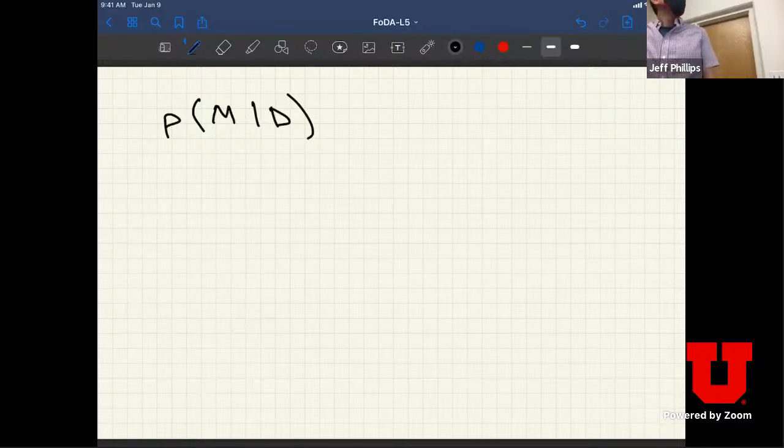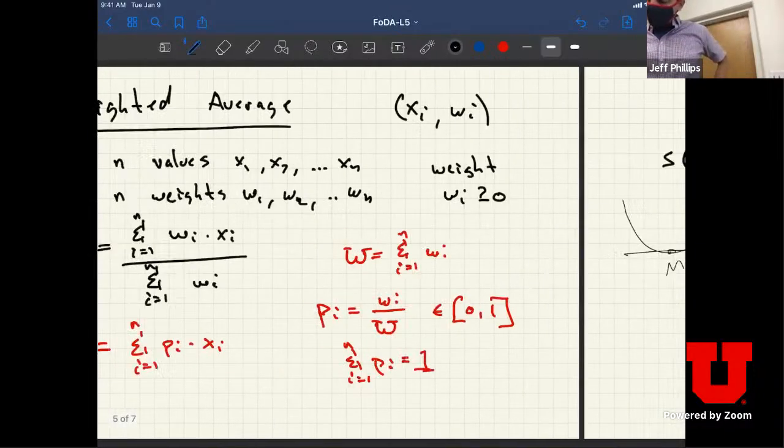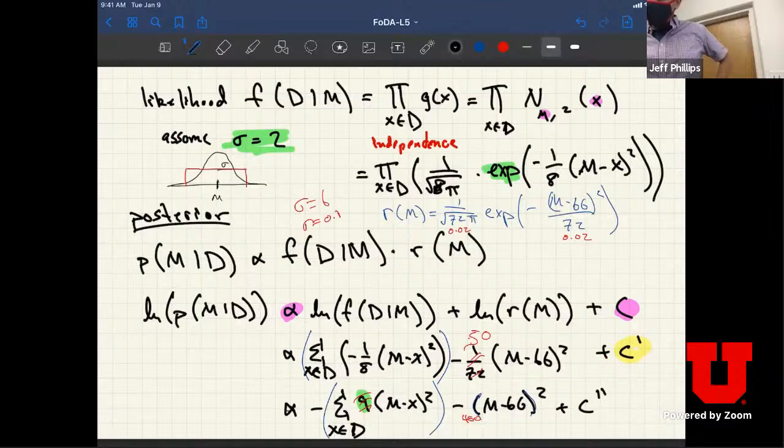And if you remember back a couple slides, we did this log transform here. I could have basically kept track of this constant here.